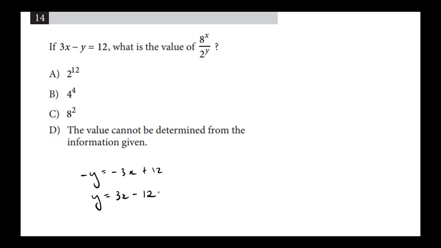Okay, and then I have an x and a y in here, so I can make a substitution. So 8 to the x over 2 to the y. I can make the substitution of 8 to the x over 2 to the 3x minus 12.